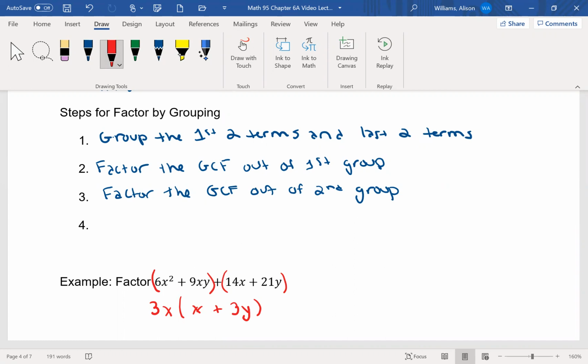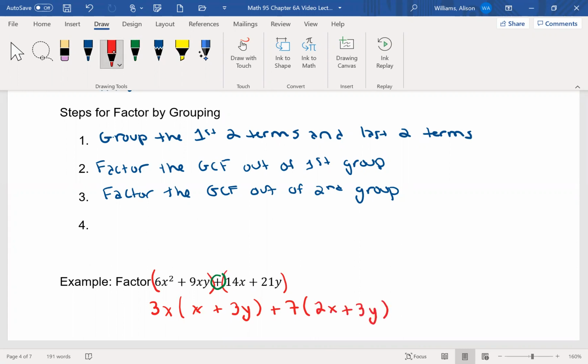The sign in the middle, this plus sign, just carries down here, so I'm going to write plus 7 because I'm factoring out a 7. Whatever that sign is, I carry it down. And then I'm left with 2x plus 3y.